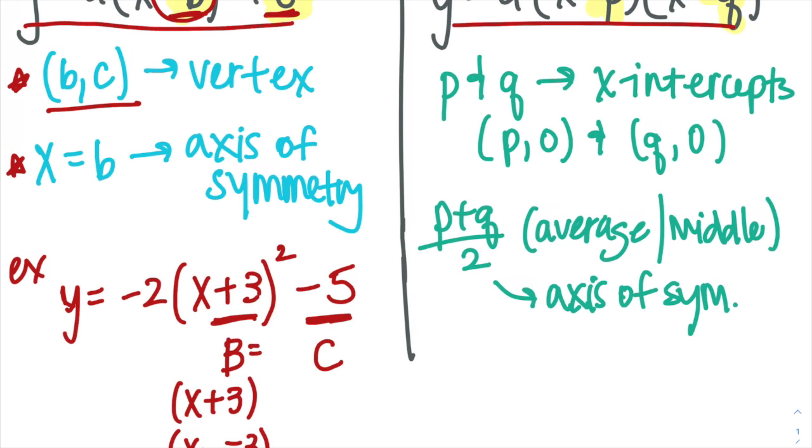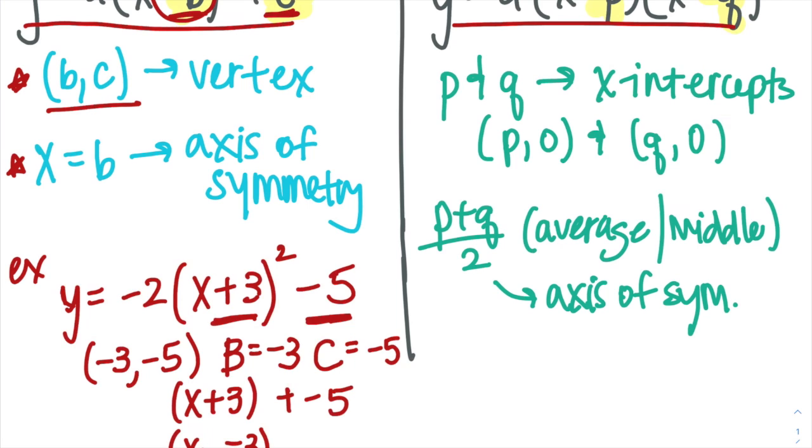So b is really negative 3. It looks like a positive in this example, but it's actually the opposite. Then you have plus c. If you change this to plus a negative 5, you see that c is negative 5. So the vertex is (negative 3, negative 5).